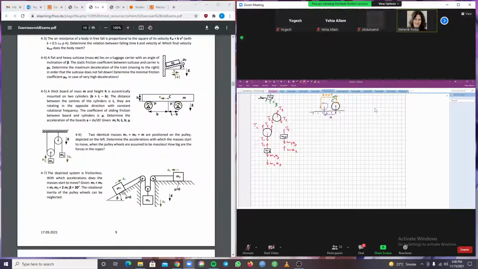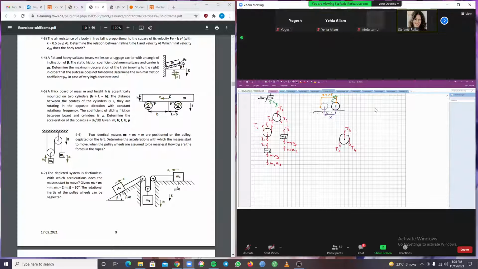If you're not sure whether the tensions are of same size or not on both sides of the pulley, you could just pick different sizes. For example, for the upper pulley, what we could have done is state T2, T3, and T4.